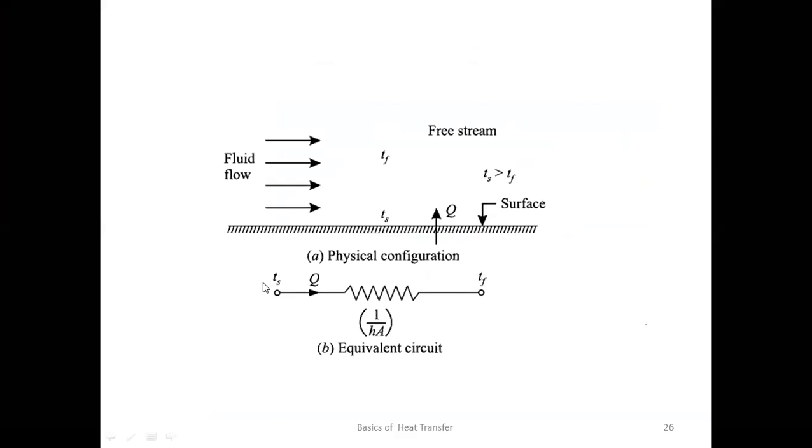Getting this, high temperature to low temperature, because here Ts is more than Tf, hence heat is being transferred from surface to fluid. Hence here always on the left side there is a high temperature, here low temperature, Q is going from high to low, and here 1 by hA.